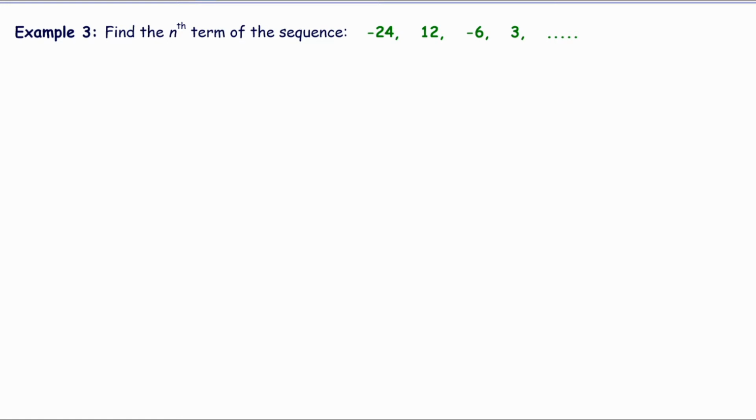Next example: find the nth term of this sequence. Again, the first thing is to find the common ratio. By inspection, you can see that it's negative a half. In fact, you can just find it by dividing any term by the one before it, which is equal to negative a half.